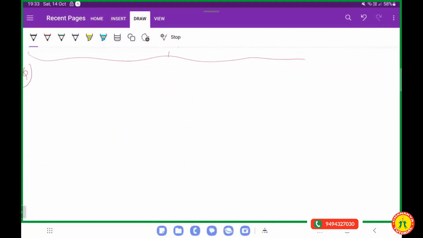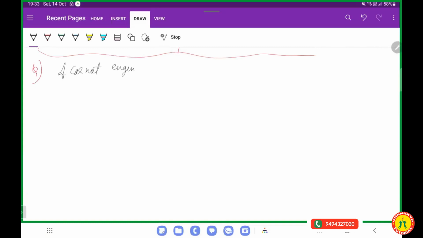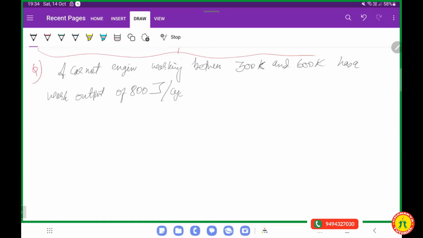So we'll see some Carnot cycle question. A Carnot engine working between 300 Kelvin and 600 Kelvin has a work output of 800 joules per cycle.